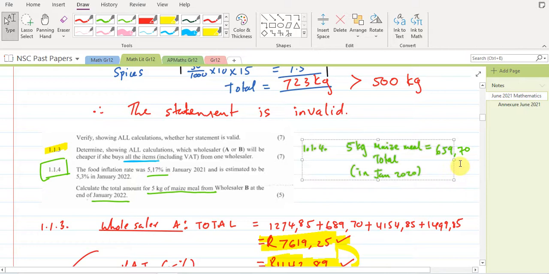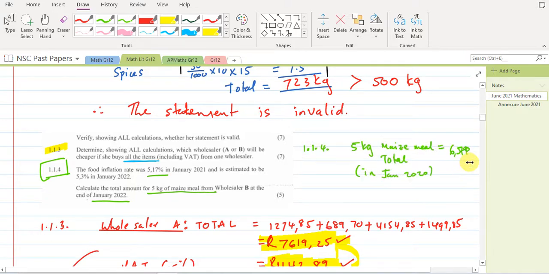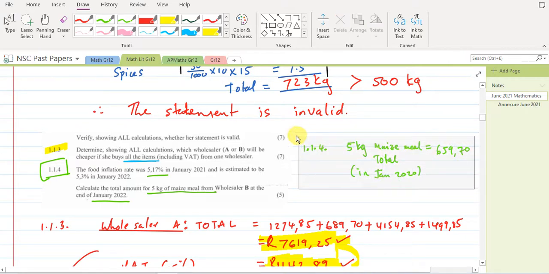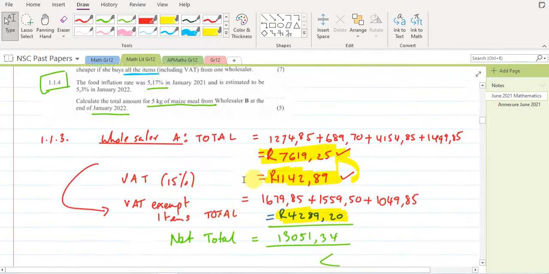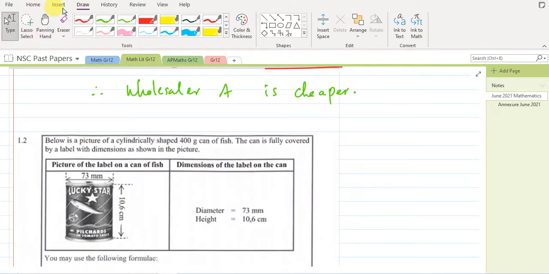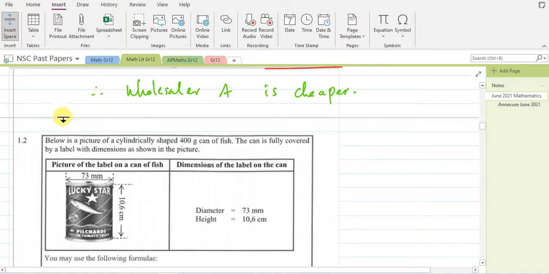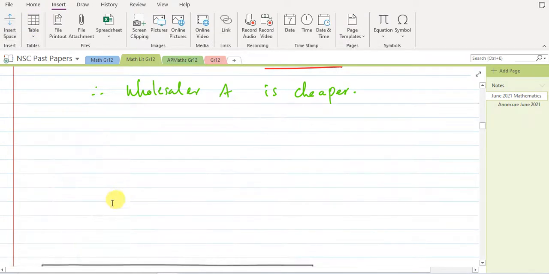Let's take this question down rather, just one second, because we have some calculations to do. I'd like to take this question here and insert some space.